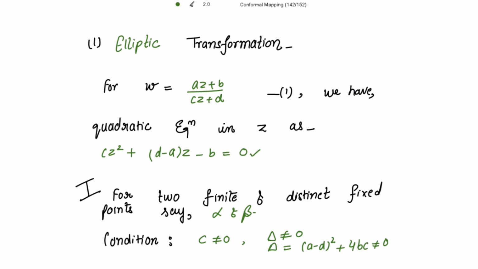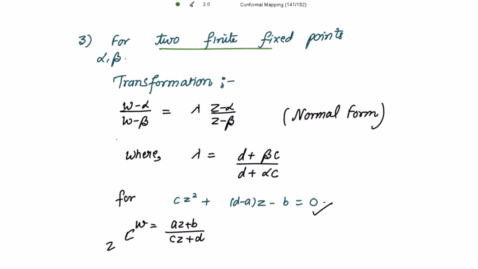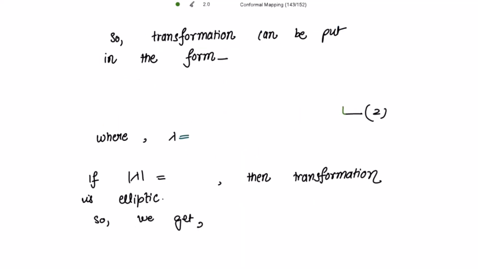Now what transformation is to be used for the two fixed points? Let's recall again. Yes, for the two fixed points, we are going to use this transformation, right? So the transformation can be put in the form, for the fixed points alpha and beta, w minus alpha over w minus beta is equal to lambda times z minus alpha over z minus beta.